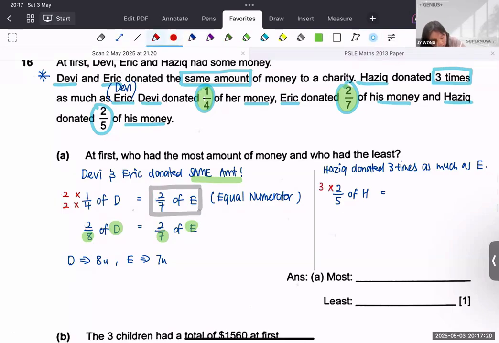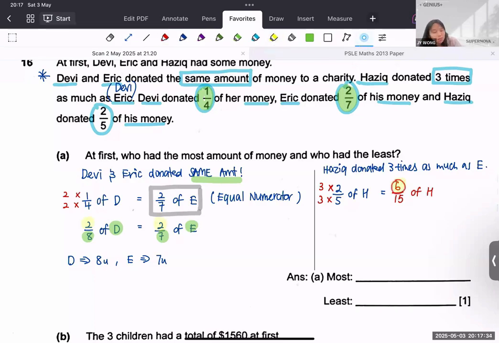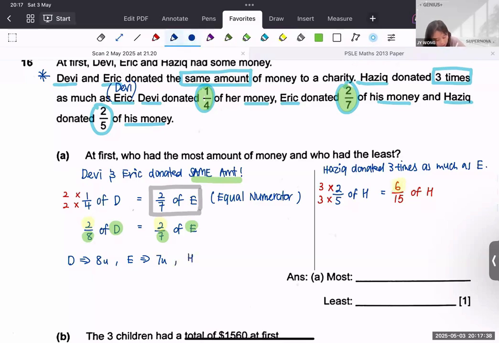We need to make 3 times of 2 units become 6 out of, you must times 3, yeah? So we make this 6 out of 15 of Haziq is donated. So you must take note that the donated amount for Haziq must be 6 units. Now, from here, you can tell that Haziq will be in total 15 units.